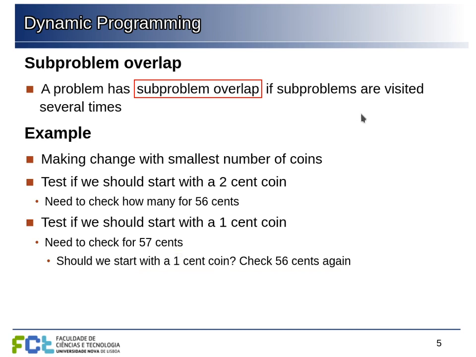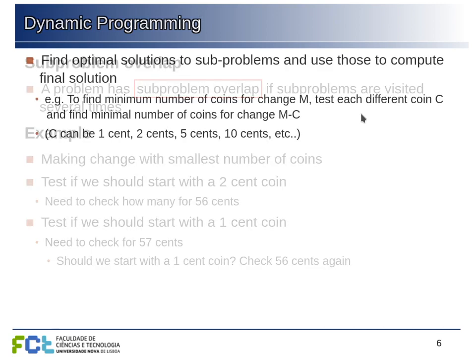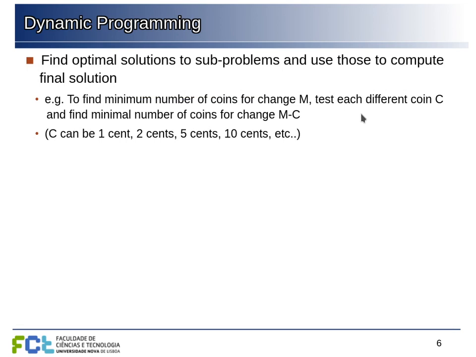Okay, so let's look at a simple example where we can see this in more detail to better understand these problems. In order to find these optimal solutions, we are going to use these sub-problems and then compute the final solution for these problems.